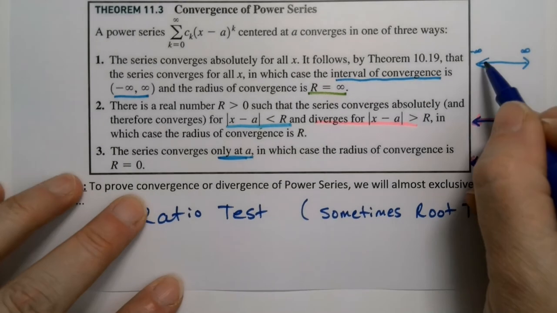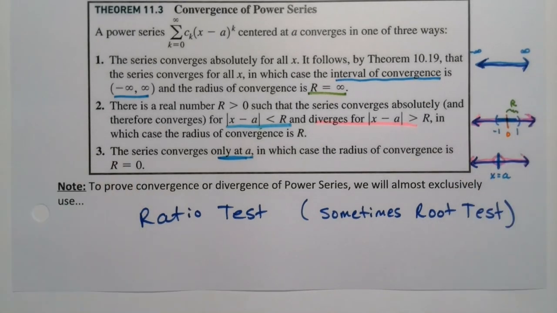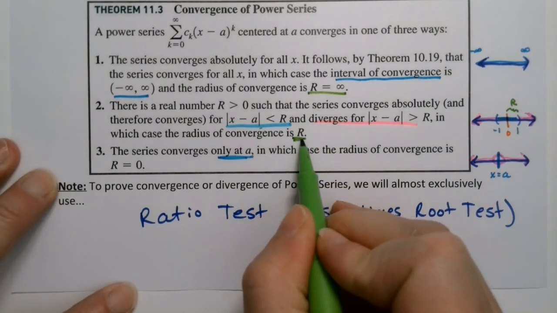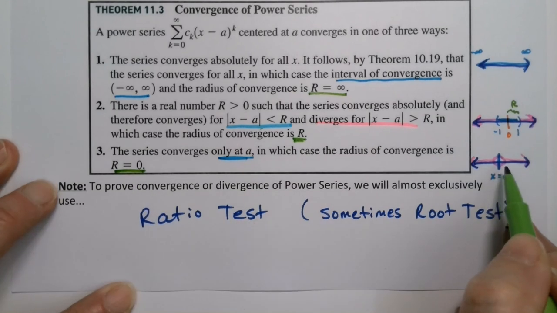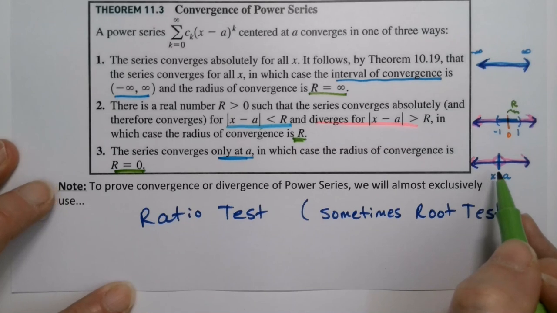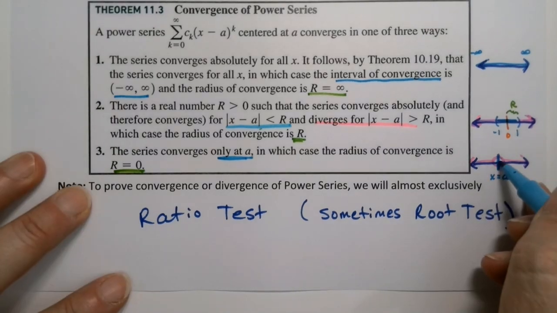Then what's your radius of convergence? It's 0, because a point has no width. There's no from low to high. It just is that single value. So the only spot you converge is at that spot.